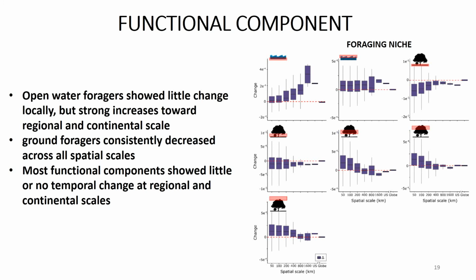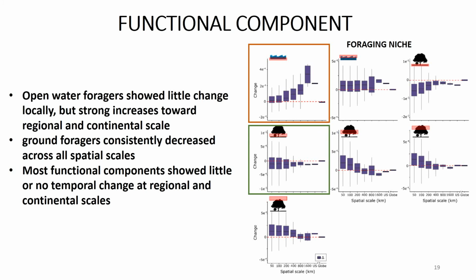For the foraging lineage, the open water foragers saw little change locally but a strong increase toward regional and continental scale. The ground foragers consistently decrease across all spatial scales. Most functional components show little or no change at regional and continental scale.